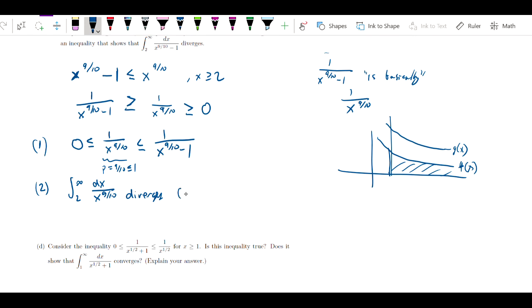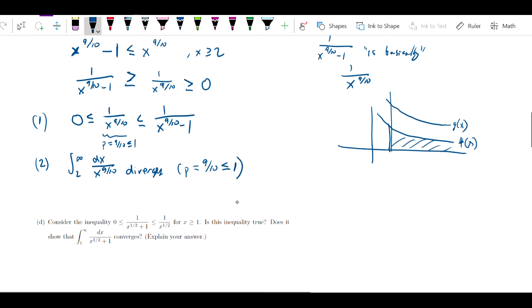The answer is because p is equal to 9/10, which is less than or equal to 1. That's the condition for a p integral to diverge. Therefore, now that we have all of the conditions that are in the theorem that would be used to prove divergence, this is the direct comparison test theorem.